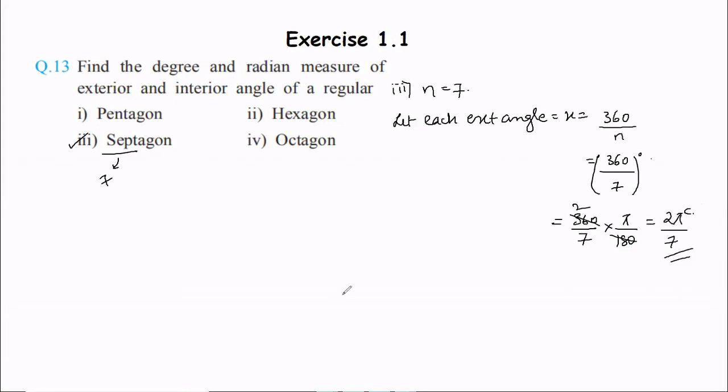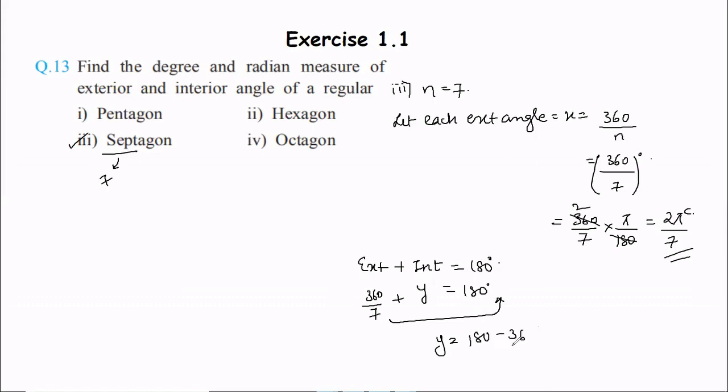Now for interior angle, exterior plus interior angle is equal to 180, the second property. So y plus 360 by 7 is equal to 180. We'll put 360 by 7 on the other side. We will get y is equal to 180 minus 360 by 7. Okay. So that will be 180 into 7 minus 360 by 7.